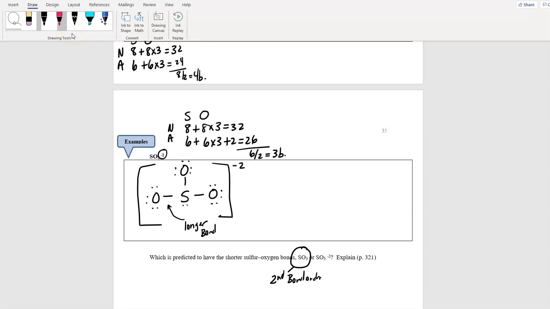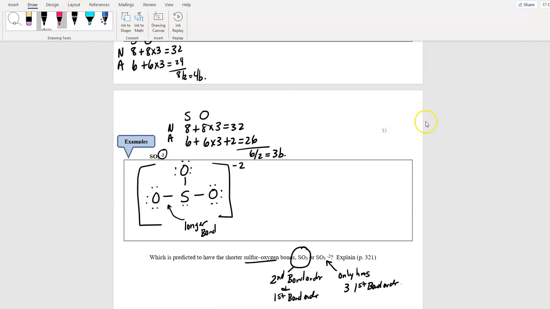Bond order and first bond orders, whereas this one only has 3 of those first bond orders. So because this one has at least a double bond, the length between one of the sulfurs and oxygens will be a little bit shorter than the others.